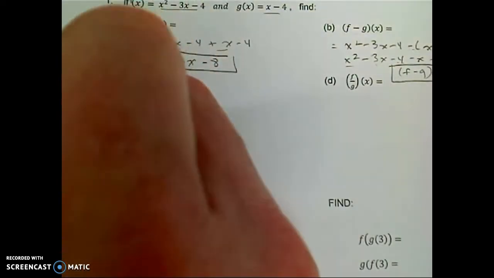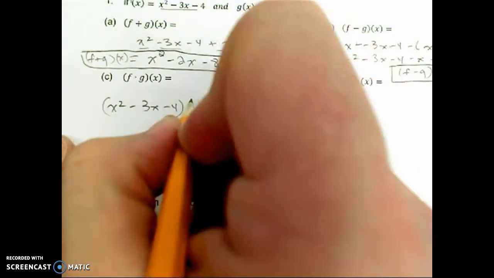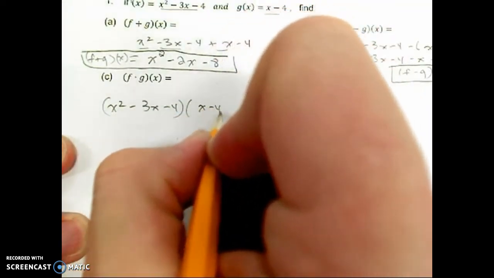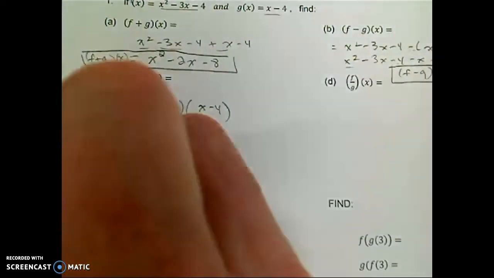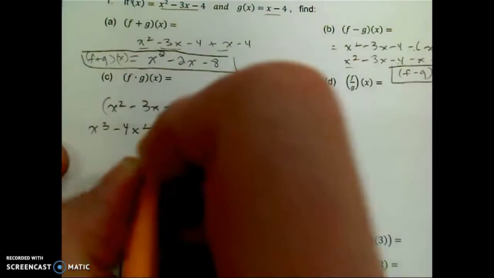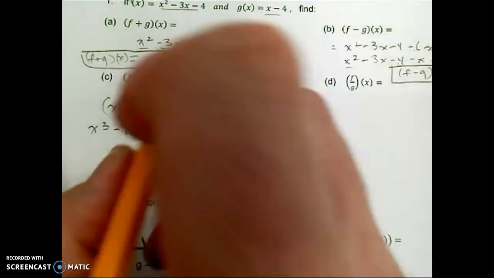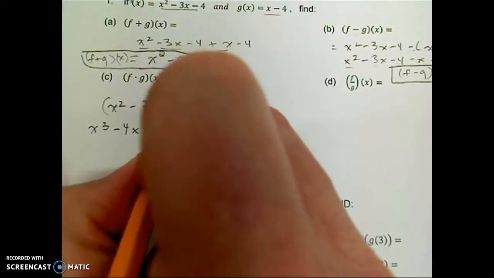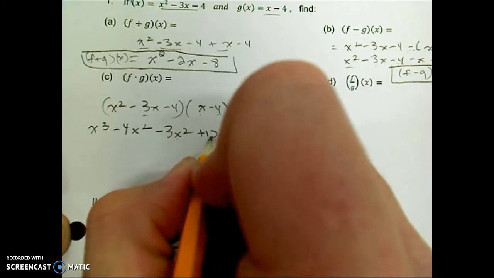Let's multiply the two. X squared minus 3x minus 4 times x minus 4. X squared times x, x to the third, minus 4x squared. So we're multiplying a binomial times a trinomial now. Negative 3x times x, that's negative 3x squared. Negative 3x times negative 4, positive 12x.